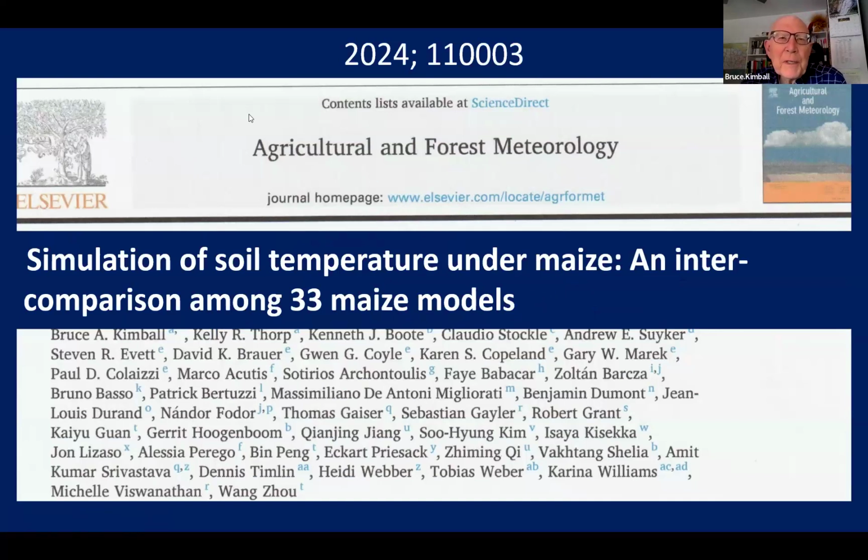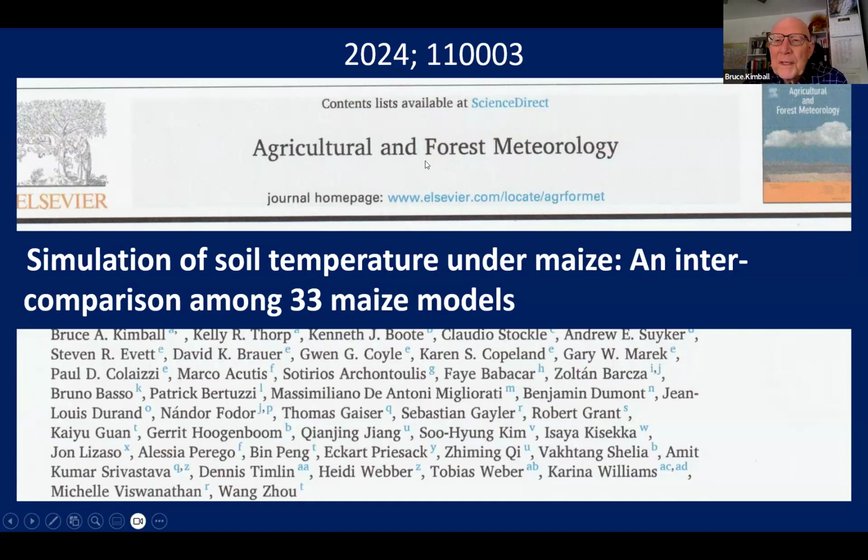For several years, I was leading the Maize ET group, and we got a couple of papers out on how well the different maize models could simulate evapotranspiration. But in the course of doing that, I asked a lot of the modelers to also supply their simulations of soil temperature.